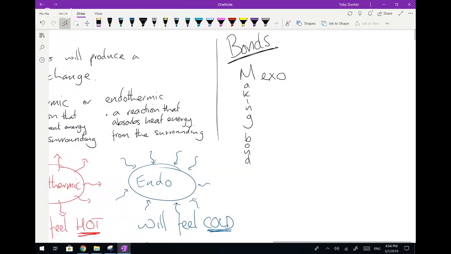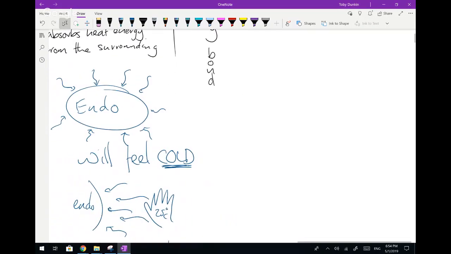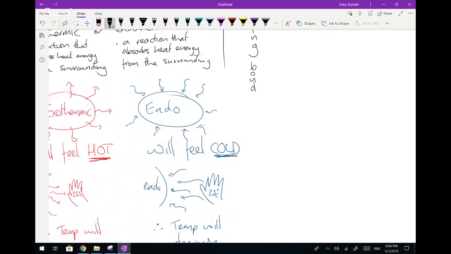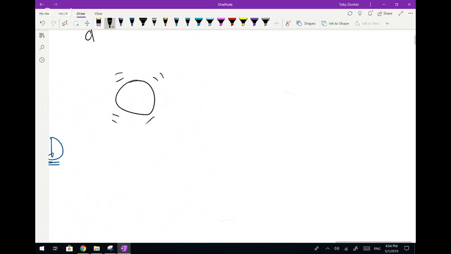So when a bond is created, heat energy is released. Now, students often ask me why that is. And the reason is that you're actually going from instability to stability. You have particles which are disconnected with high energies, often moving around rapidly.